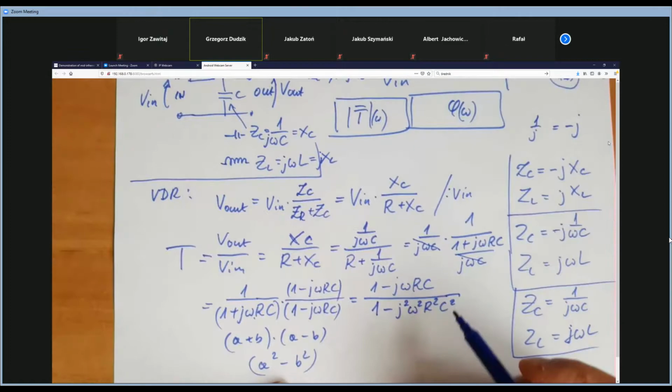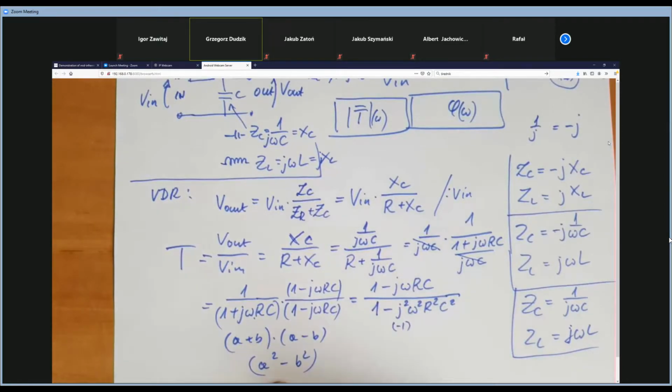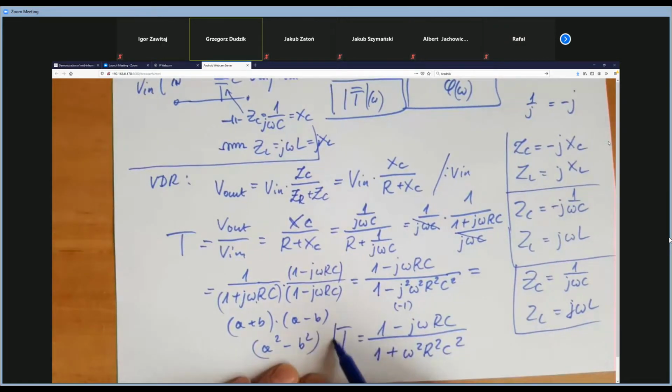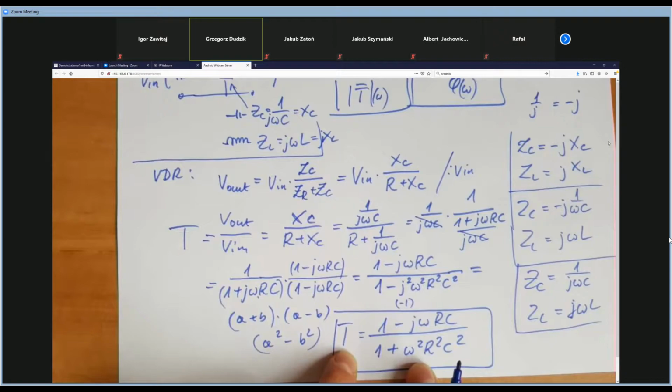But we know that j squared is minus 1. Okay? So the transmittance will be equal to 1 minus j omega RC over 1 plus omega squared R squared C squared. As you see, the transmittance, in fact, is a complex number.